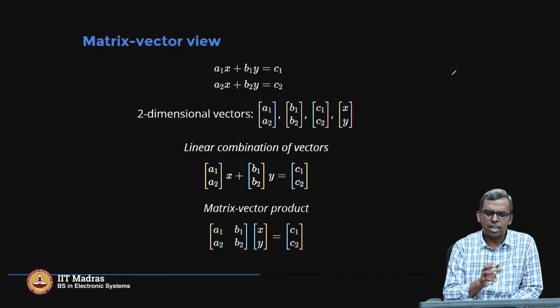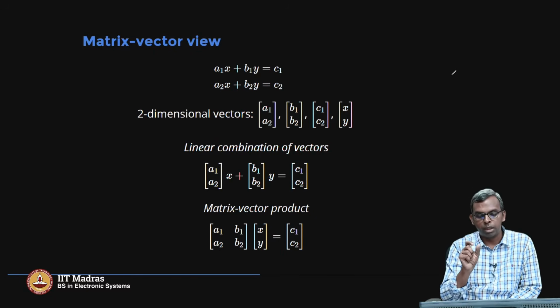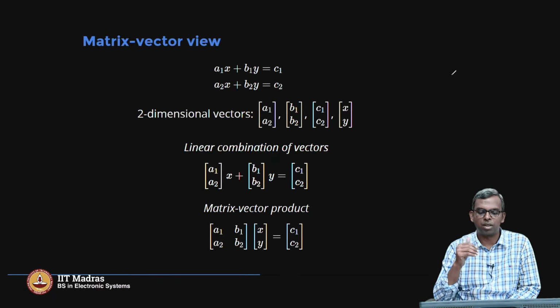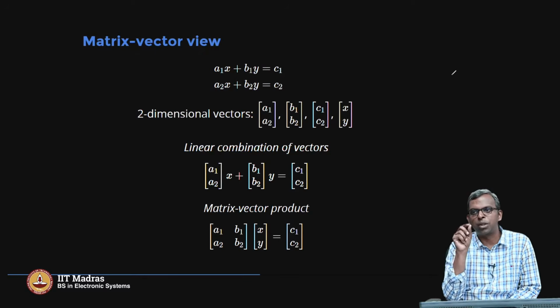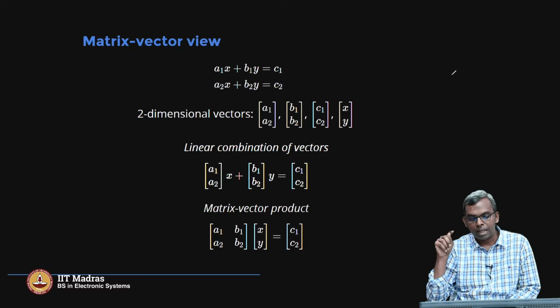Okay. What is this linear combination? The vector a1 a2 is first scaled by x. You multiply by x on the right. So that basically is a1x a2x, right. So you write it conveniently as a1 a2 with x on the right. So the vector itself is multiplied by x, and then plus b1 b2 multiplied by y. So what will that give you? You can see it will be a1x a2x, b1y b2y.